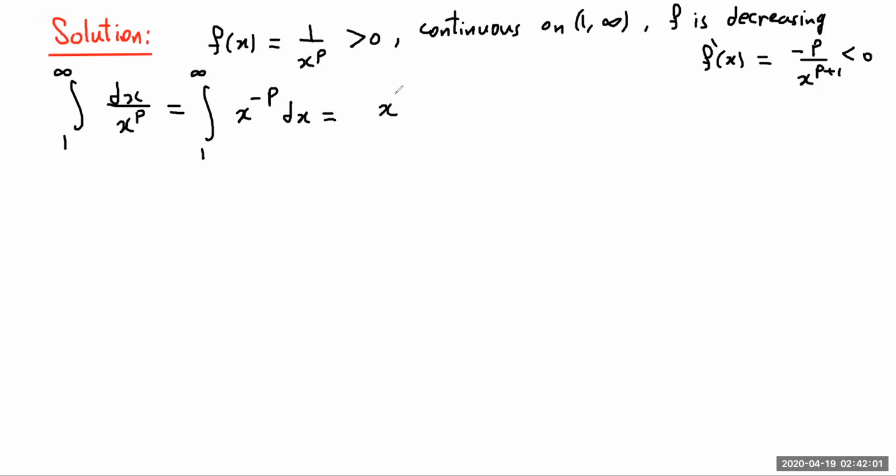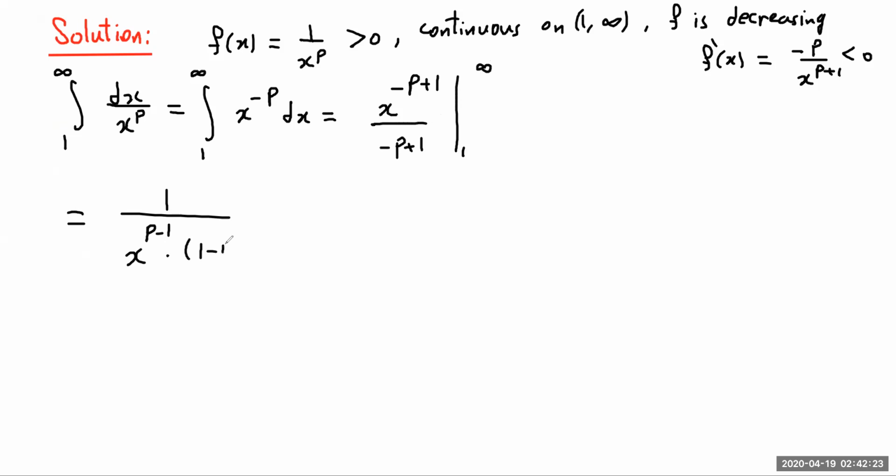So it's x^(-b+1) over (-b+1), between 1 and infinity. So we can write this as 1 over x^(b-1) times (1-b), between 1 and infinity.